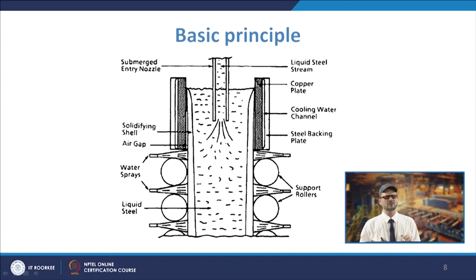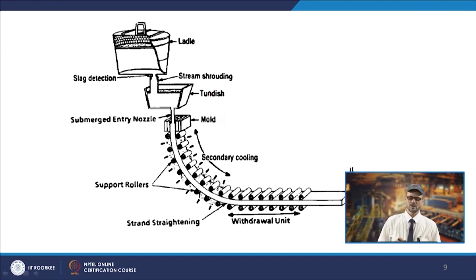To ensure that, there are certain agents, and normally rapeseed oil has been seen to be used in earlier days and even now. That is the agent which avoids the sticking of the mold with the metal.